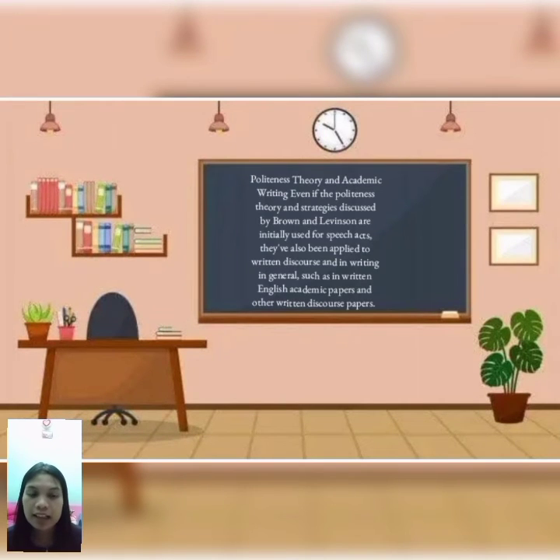Politeness theory and academic writing. Even if the politeness theory and strategies discussed by Brown and Levinson were initially used for speech acts, they have also been applied to written discourse and in writing in general, such as in written English academic papers and other written discourse papers.